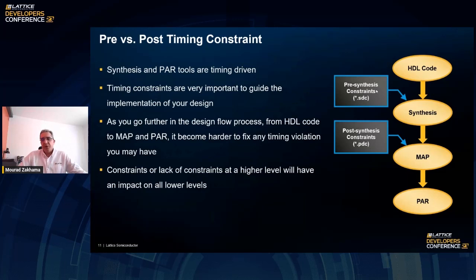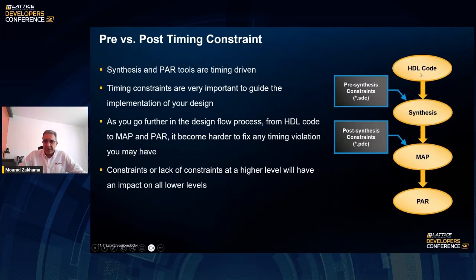I think it is very important to make sure that your timing constraints are not overstated or understated, and that you have very good coverage of all the timing paths at the high level, so you don't end up with a post-synthesis design that includes extra logic or some paths that are not optimized by the synthesis, that you have to carry on and try to fix at the map level or at the place and route level.